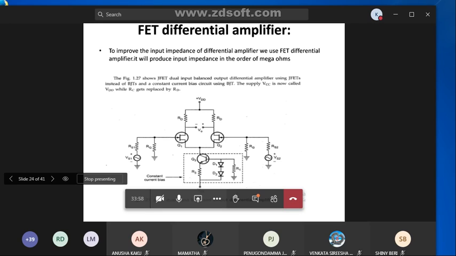This resistor is the gate resistor. Okay, and this is the drain resistor. In BJT we have RC, whereas in FET we have RD. In BJT it is RB, the base resistor, but here this resistor is RG, the gate resistor, right? So that is about FET differential amplifiers. To improve the input impedance, we are using FET differential amplifiers.